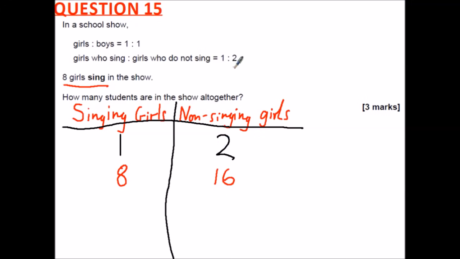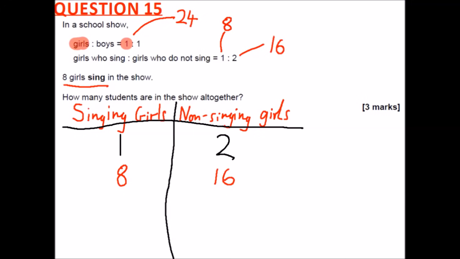So from this, 2 lots of girls that don't sing represents 16 girls, and the 1 lot that do sing, as we've been told, is 8. And so 8 plus 16 tells us that we've got a total of 24 girls. So the number of girls that we have, which is represented by that 1 in the ratio, actually represents 24.